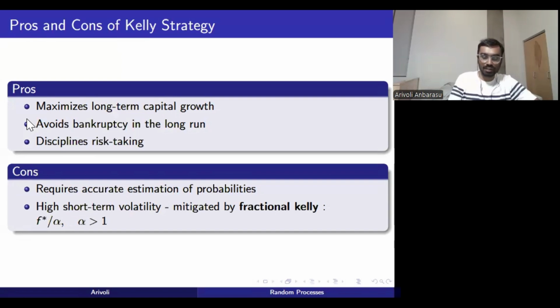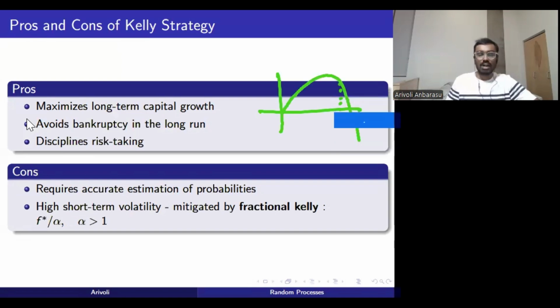Consider the example of a single bet where our estimated probability suggested a positive growth rate. However, if our estimate differs from the actual real world probability, we may unknowingly be operating in a region with negative growth rate, leading to losses.